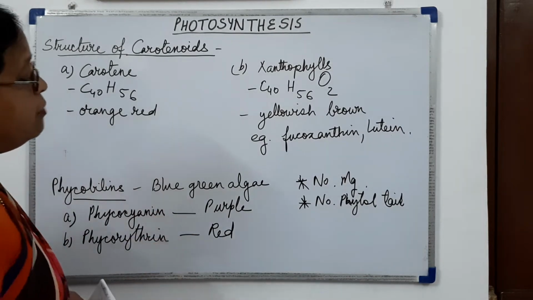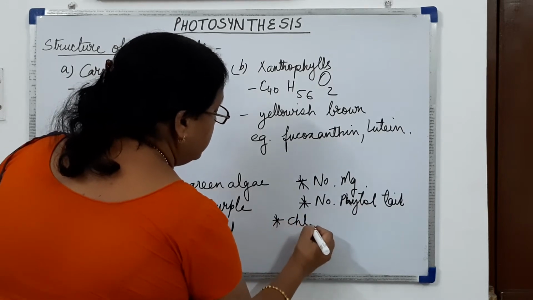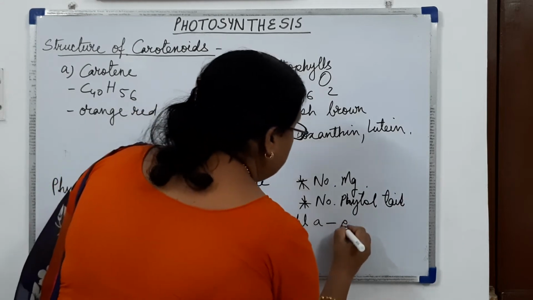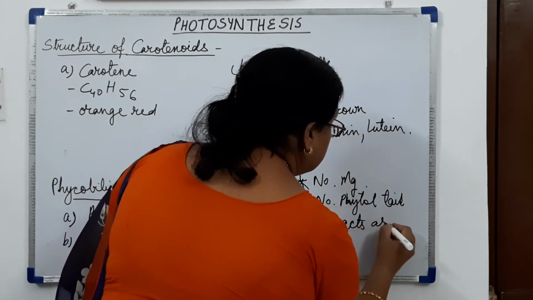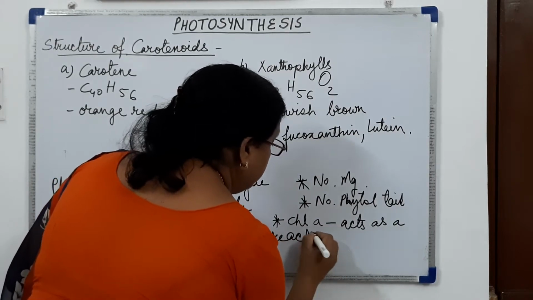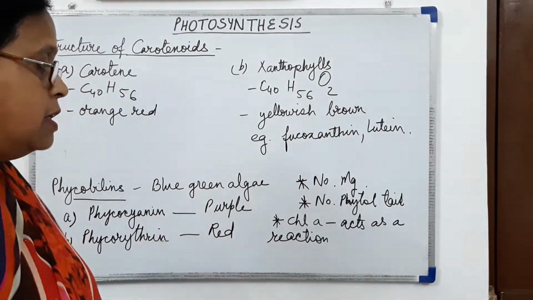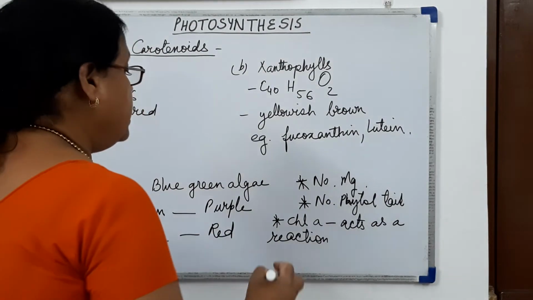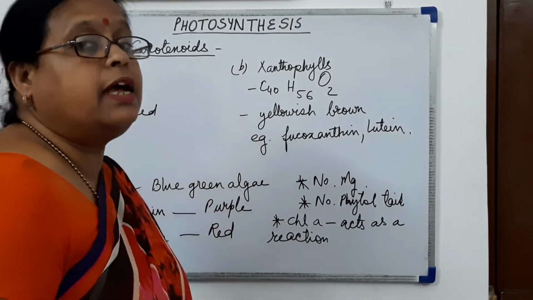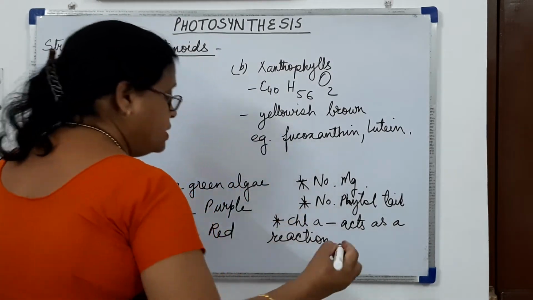Now one more thing we have to note here, that chlorophyll A is important because it acts as a reaction center where the actual reaction is taking place in photosynthesis, and other chlorophylls and other pigments are the accessory pigments.